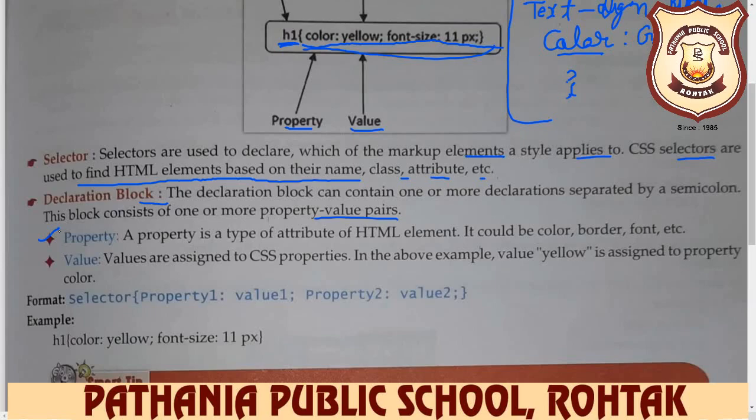It could be color, border, font, text align, and text decoration, these all. And values are red, green, blue, left, right, center. These all are your values. Values are assigned to CSS property. In the above example, value yellow is assigned to the property color. Font size is the name of the property and 11 pixel is your value.